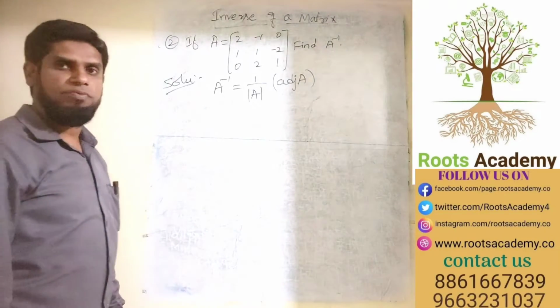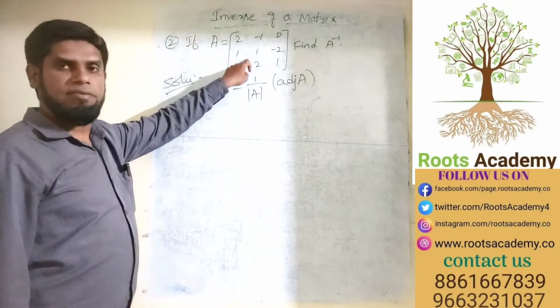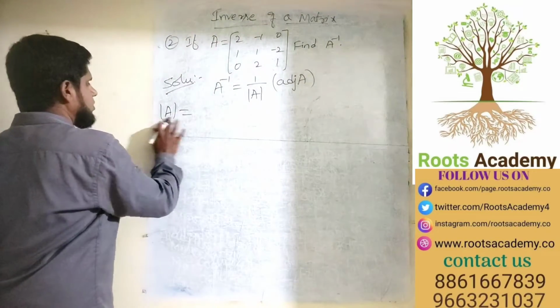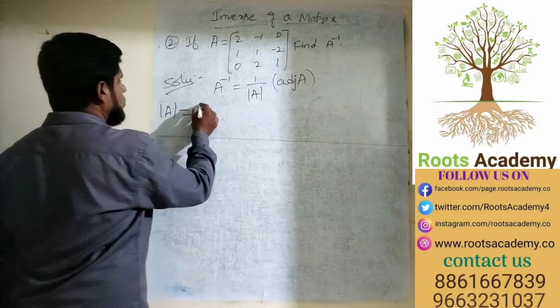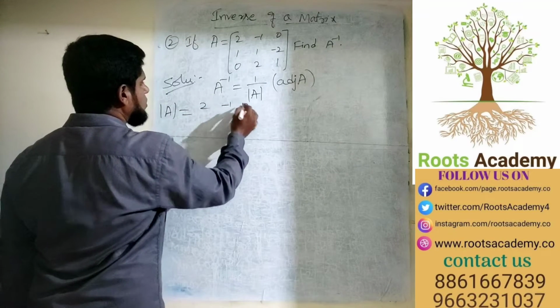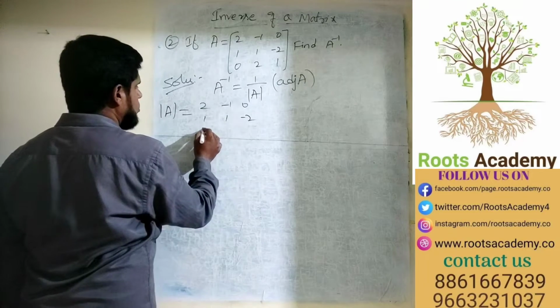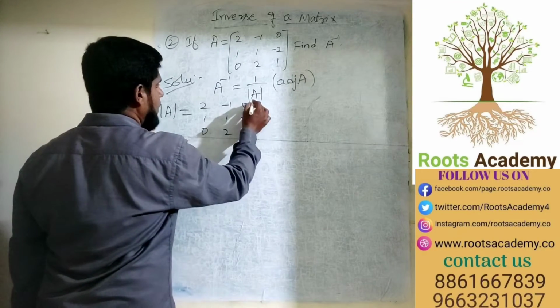Let me first try to find the determinant of the given matrix. Determinant A is equal to 2, minus 1, 0, 1, 1, minus 2, 0, 2, 1.